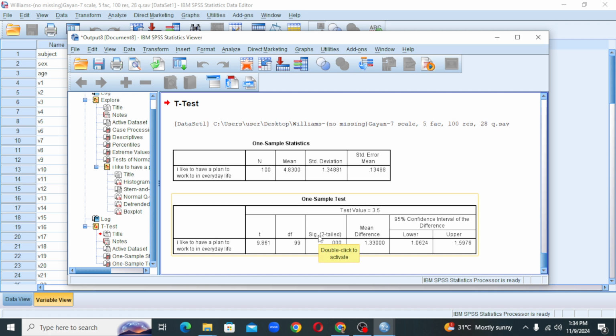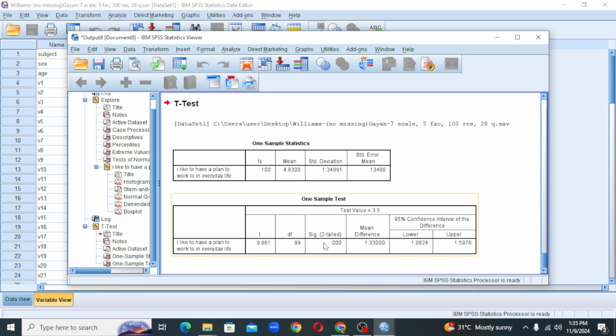and here this is significant. That means the average marks are not equal to 3.5. It could be either above or below 3.5. As this is a two-tailed test, we can't say whether it is above or below.